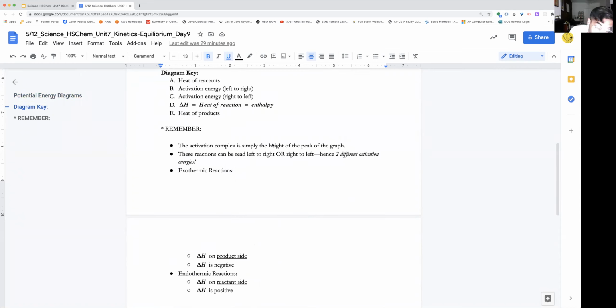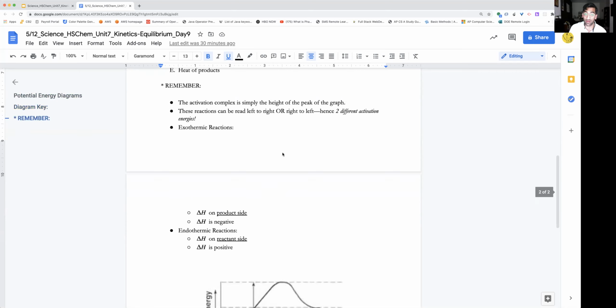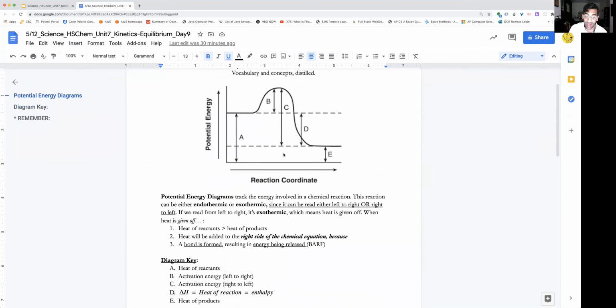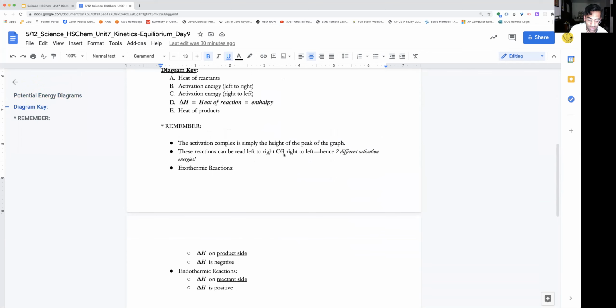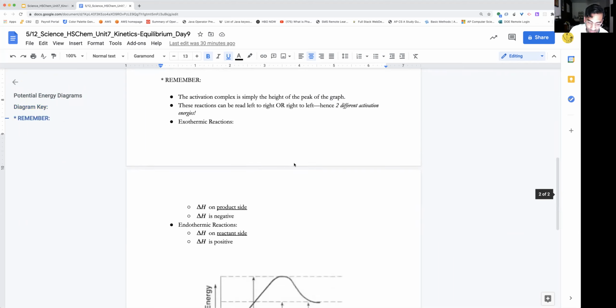So I have less energy in my products than I had in my reactants. Okay, on the other hand, if I'm doing an endothermic and I'm reading this from right to left, A is greater than E. So I should have a positive change in H, or delta H, meaning it's a positive number because I end up with more energy in my products than I had in my reactants.